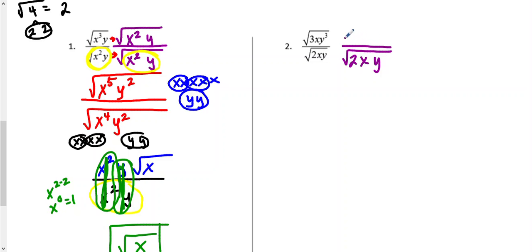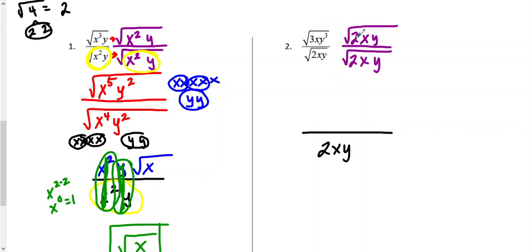Whatever I do to the bottom, I have to do to the top. 2x, y. Now remember my shortcut. Because we are multiplying by itself, that square root sign just goes away. So it just becomes 2xy on the bottom.